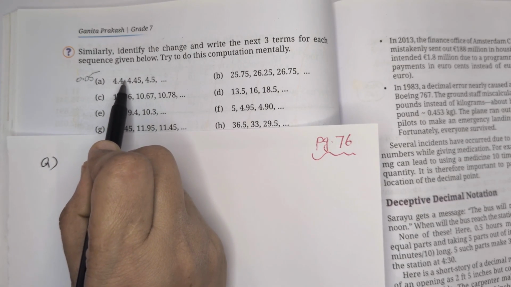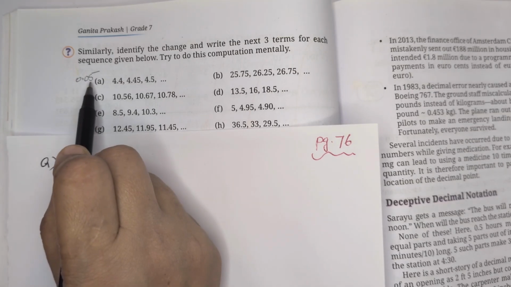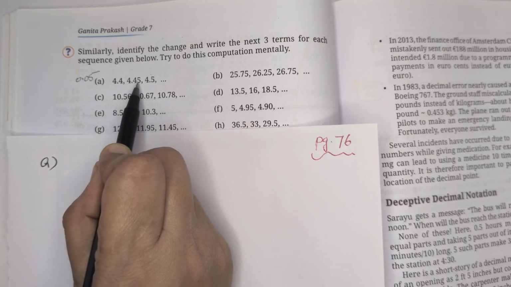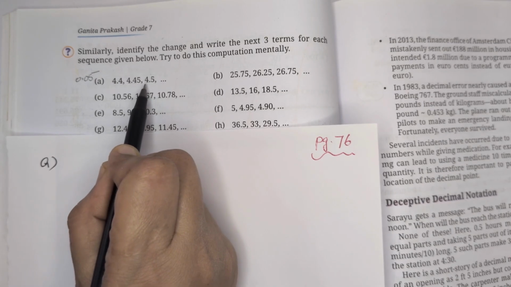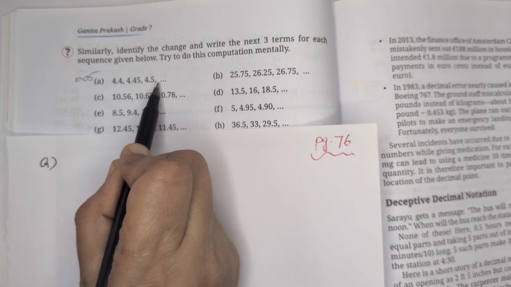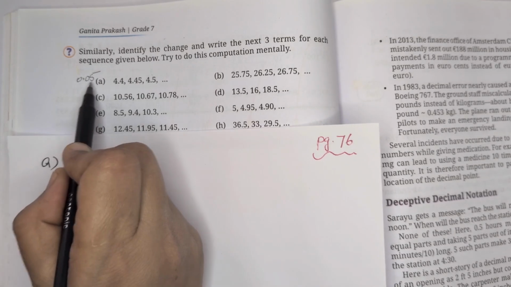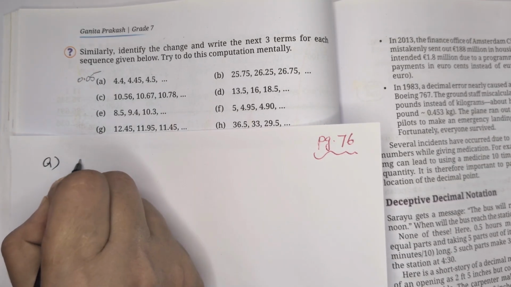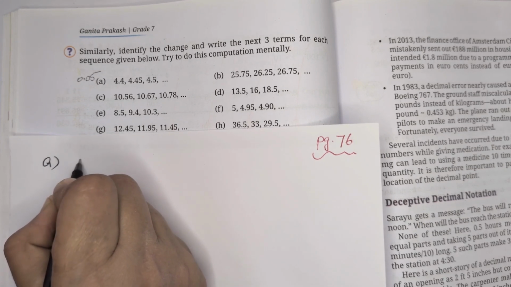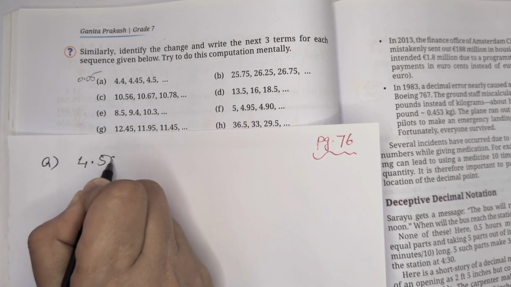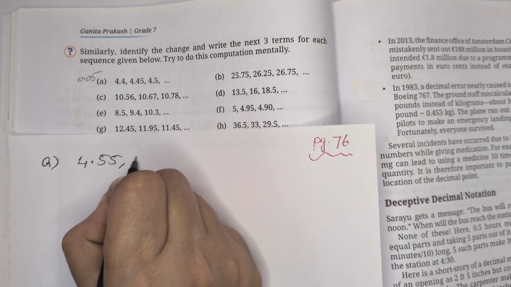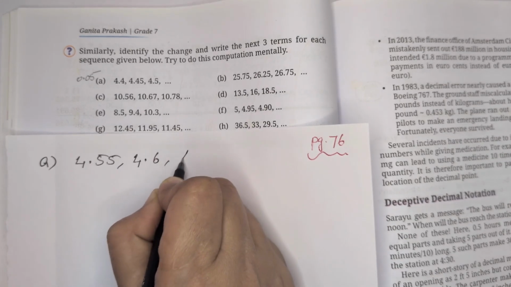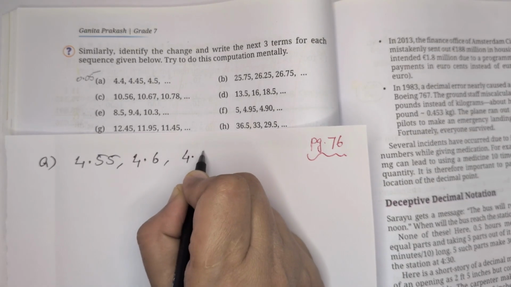We can consider 4.4 as 4.40, that is 40, and when we are adding 0.05, it will come 45. That means 4.45. Then again 0.05, it will become 4.5. Again we have to keep on adding the same term. Then we will get the next term after 4.5 as 4.55. Again add that 0.05, it will become 4.6, then 4.65.